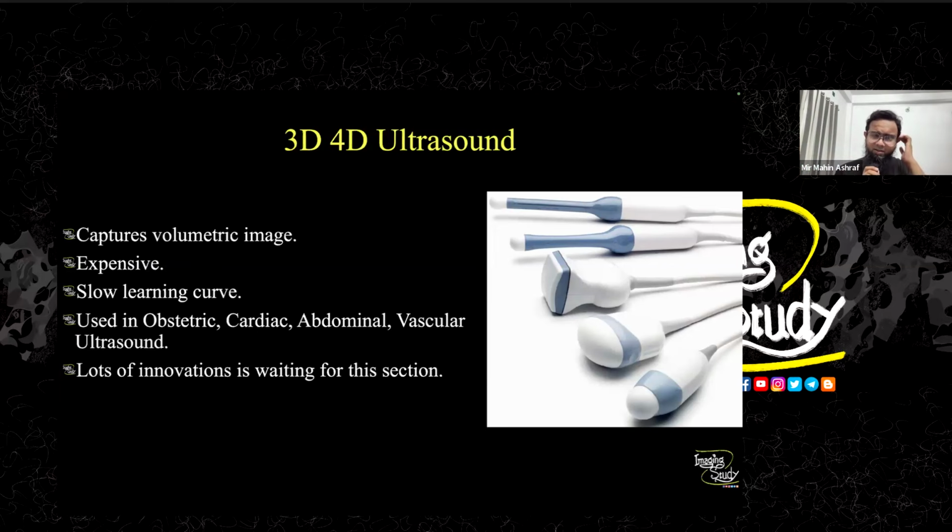I know, like me, many of you are interested in the 3D ultrasound and you love to practice. But the main problem about 3D ultrasound, I think, that I have seen in my country, is that the transducer is not available. So if you don't have the transducer, that will be a difficult thing to do 3D ultrasound.